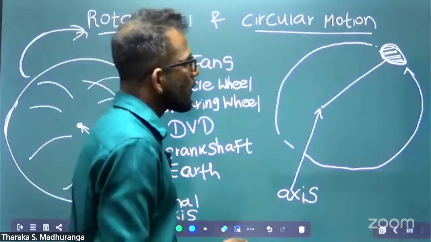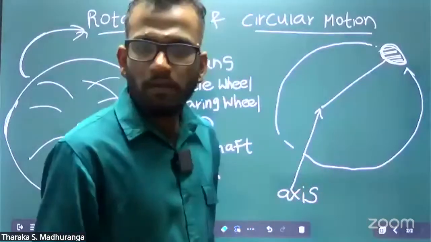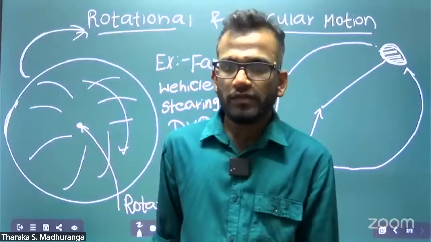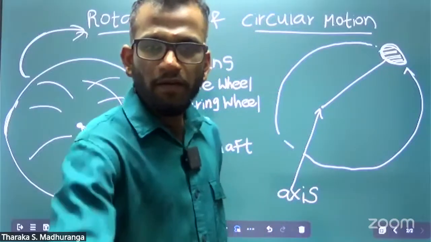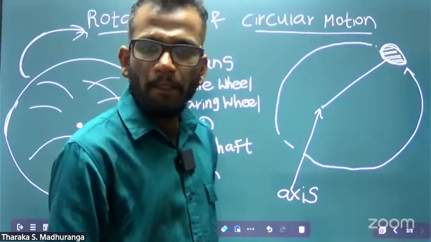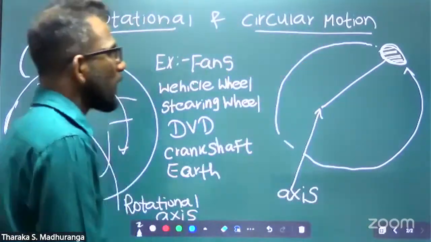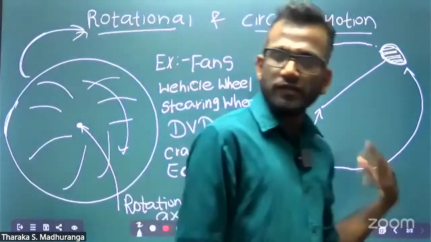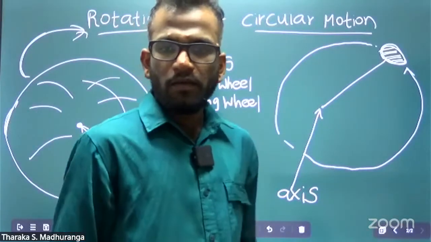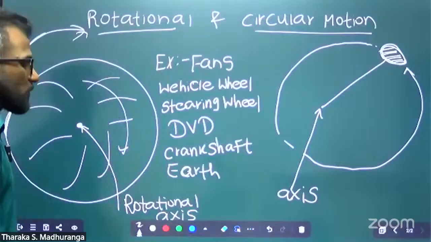If any object rotates by a string, the moon orbits around the sun. The moon is around the Earth, right? Yes, clock hands. Yes, they are all circular motion objects. Yeah, Earth orbits around the sun. Yeah, that is circular motion.